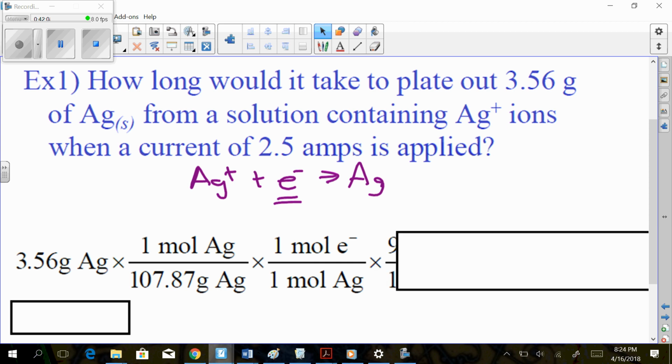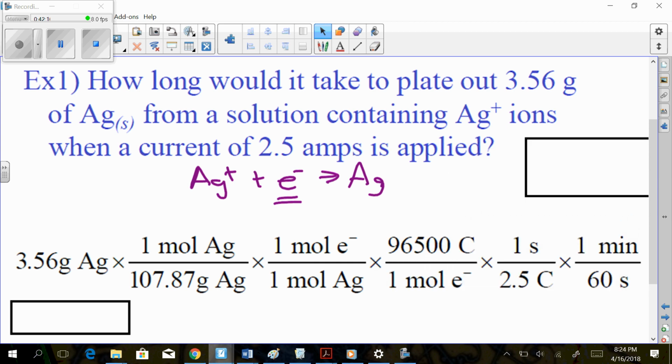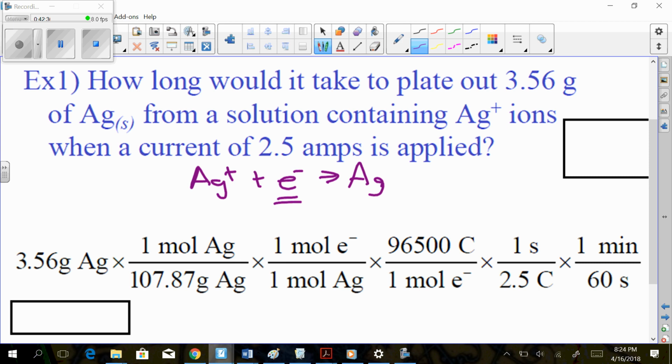And for every 1 mole of electrons, we know there is Faraday's constant worth of coulombs: for every 1 mole of electrons, there's 96,500 coulombs. Now, I like to get this answer and then go from there.